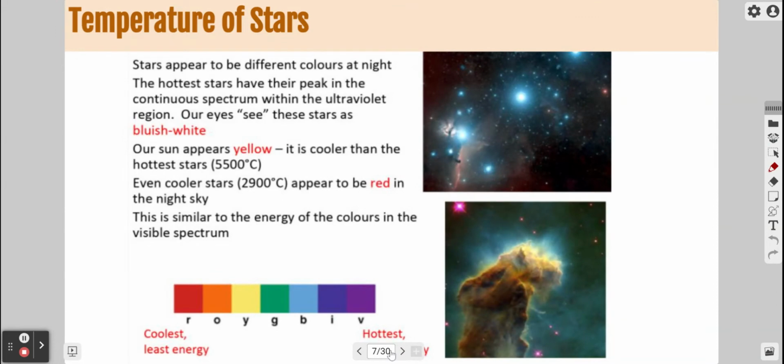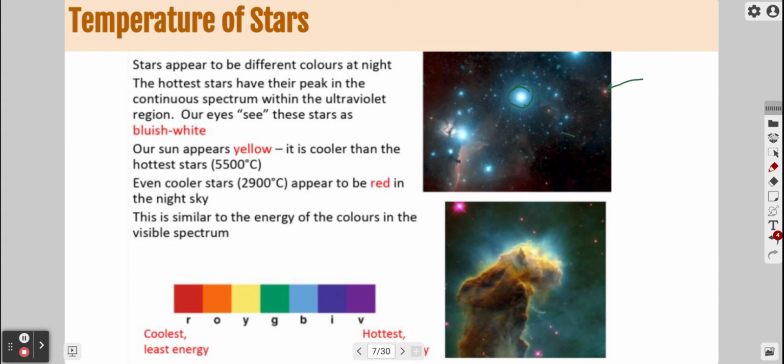So temperature of stars. Stars appear to be different colors at night. So you can even see from this picture, there are red stars, some blue stars, there are white stars. And the hottest stars have their peak in the continuous spectrum in the ultraviolet region. So our eyes see these stars as bluish white. Okay.